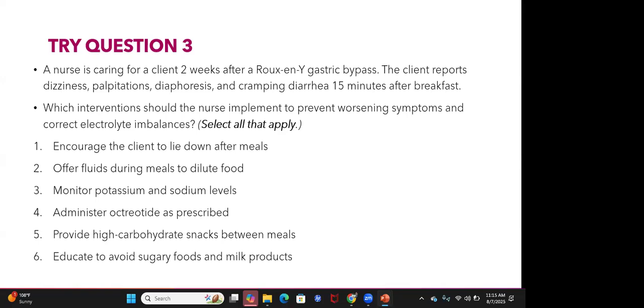The client reports dizziness, palpitation, diaphoresis, and cramping diarrhea 15 minutes after breakfast. Sorry, I can hardly see the screen. Okay, so let me take it again.